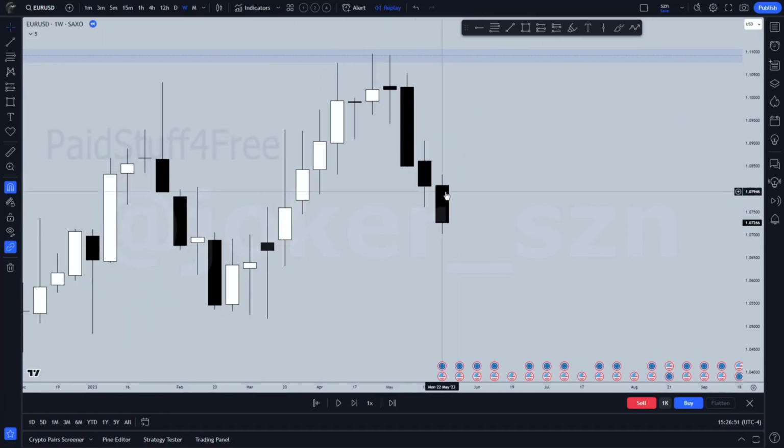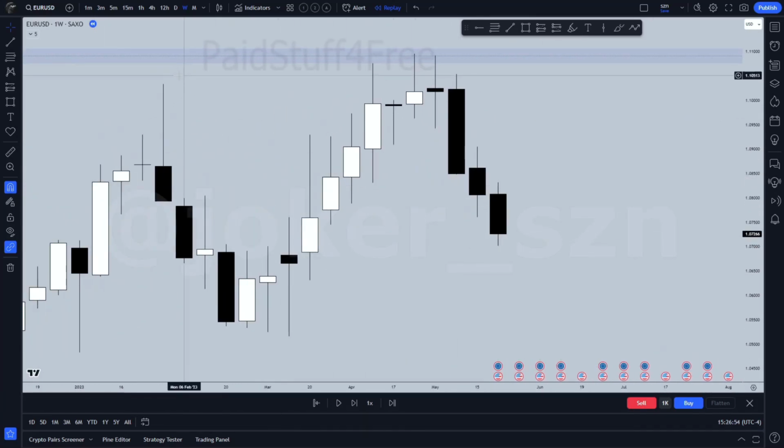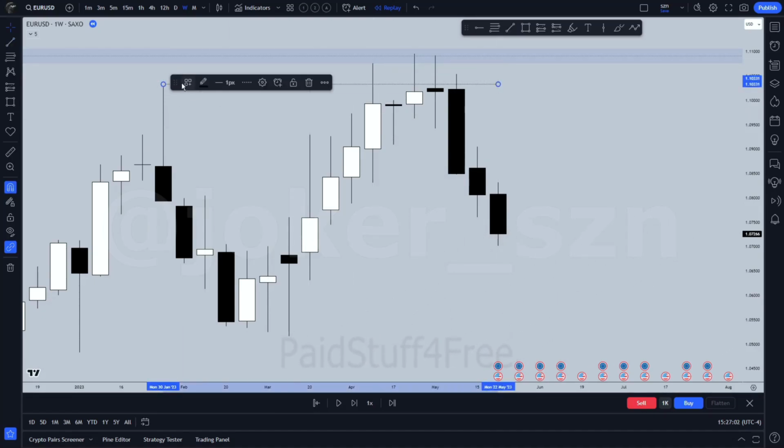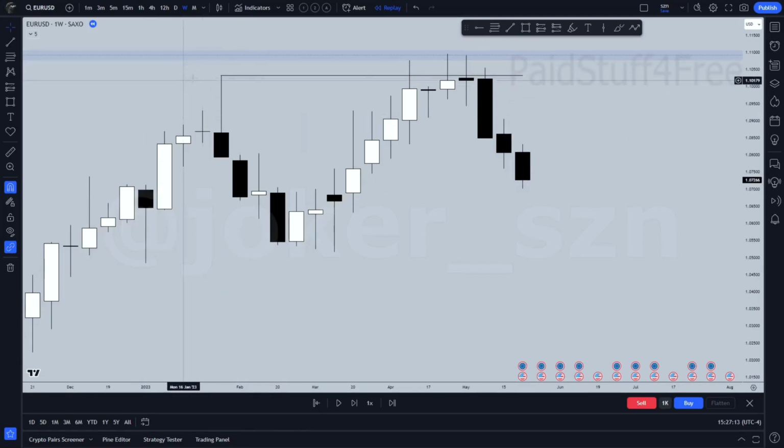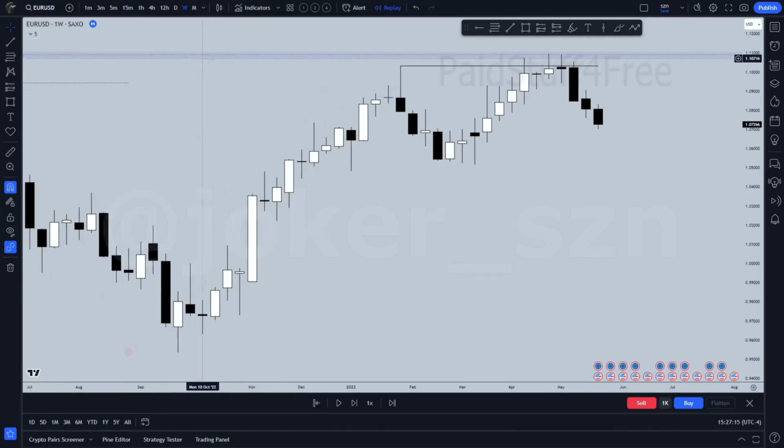On the weekly, we can see that we had this weekly swing high, which is the buy side, resting right below this monthly fair value gap. As you can read in the PDF of this course, I've talked about swing highs resting next to fair value gaps.